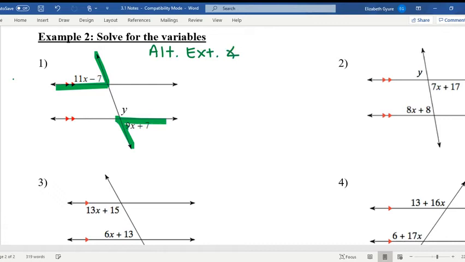And if you look at your theorems on the front, if you have parallel lines, then what can we say is true about our alternate exterior angles? They're congruent. Good. And if things are congruent, that means they have equal measures, right? So you basically end up just setting them equal to each other. Exactly. So we're going to set 11x minus 7 equal to 9x plus 7.